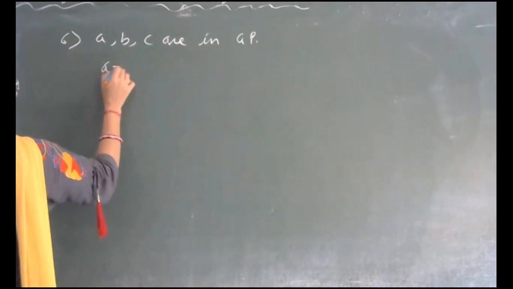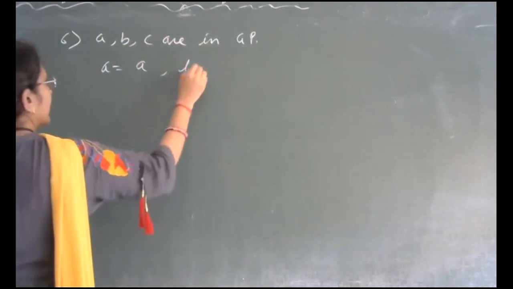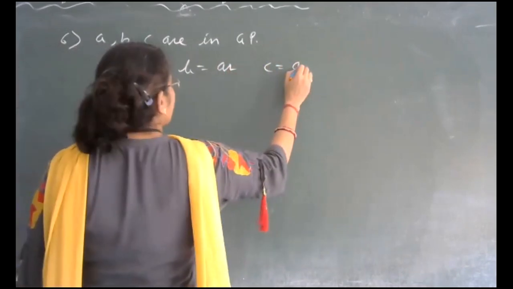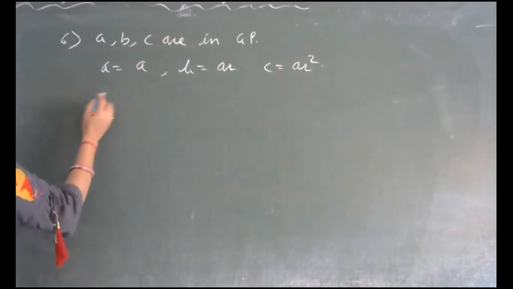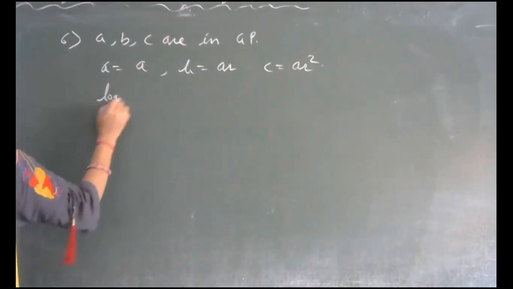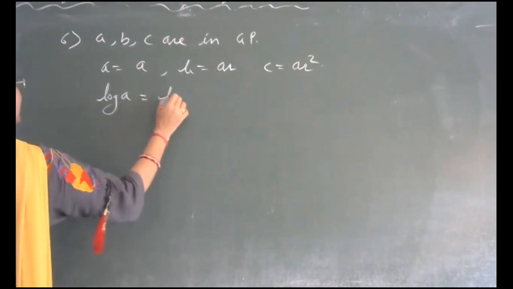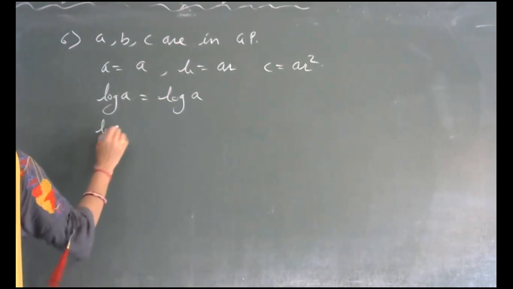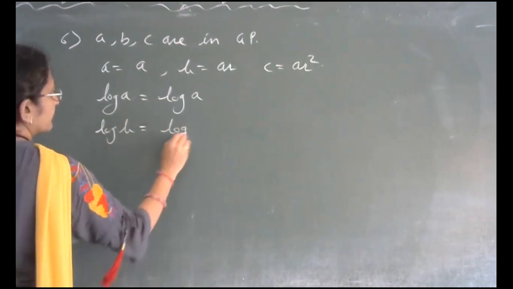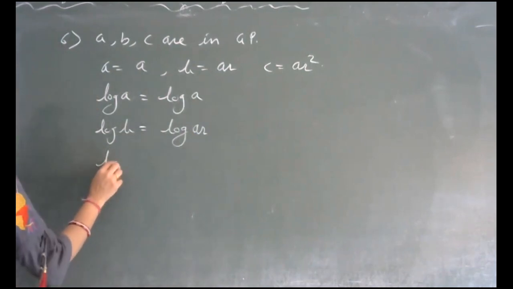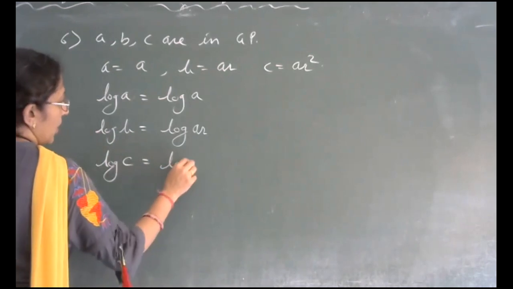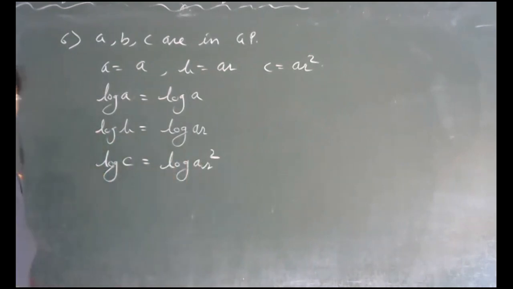It means A can be written as A, B can be written as AR, C can be written as AR square. We have to find whether log A, log B, and log C are in AP or not. So log A will be as it is, log B will be log AR, then log C will be log AR square.